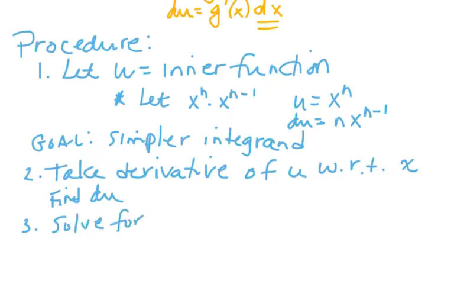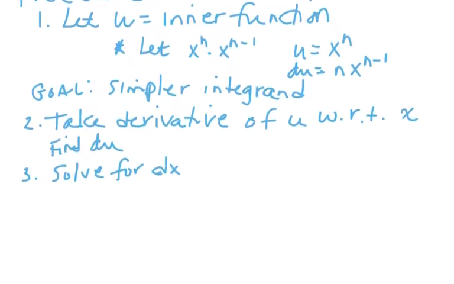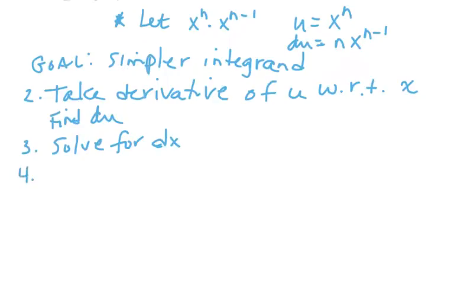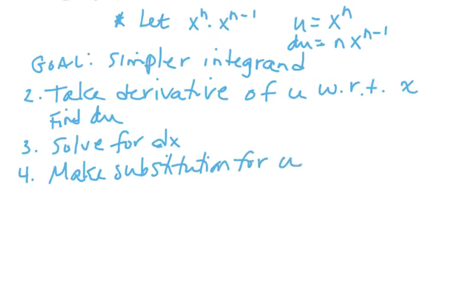I'm sorry, solve for dx, so that we can make the substitution. And your fourth step is to make the substitution for u and dx, and then perform any algebra that you need.